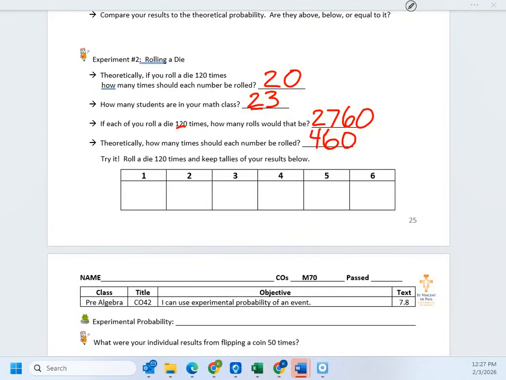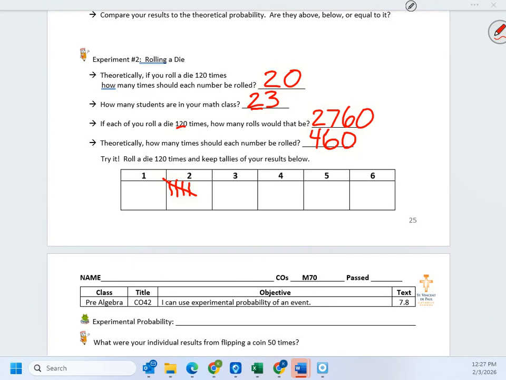Again, like we kept track with our coin flips, you need to make your tally marks. Do that crossover so it's easy to keep track. 120 flips or rolls is a lot. And you need to make sure, because if you roll it 125 times, it's going to skew our answer and not be as accurate. So we really want to pay attention to making sure we have 120 tally marks, not 125, not 117.